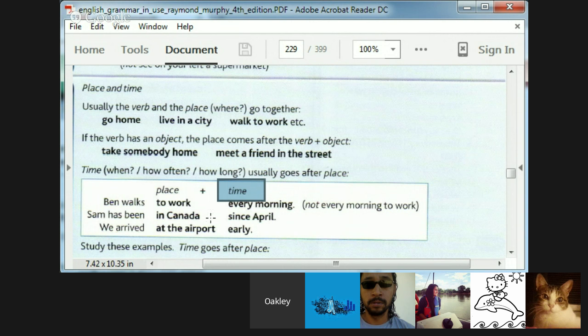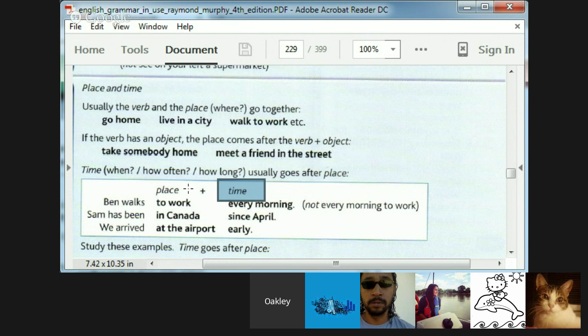"Sam has been in Canada since April." "We arrived at the airport early." Okay, these all sound very normal. Sometimes it really doesn't. "We arrived early at the airport." Doesn't sound that bad to me. "Sam has, since April, has been in Canada." Oh, okay. But certainly "Sam has been since April in Canada" sounds terrible to me. I would have a hard time even understanding that.